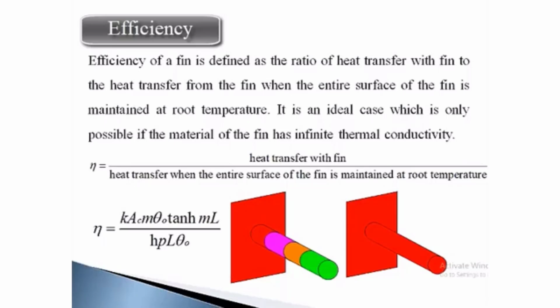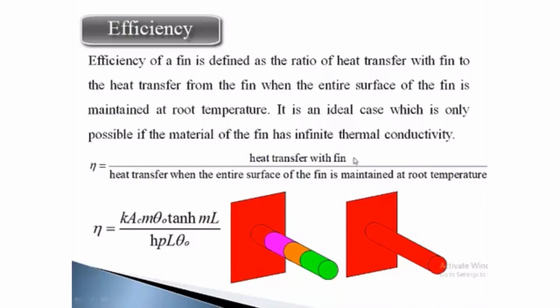It is the ratio of heat transfer with fin to the heat transfer from the fin's surface when the entire surface is maintained at root temperature or base temperature. So it is defined as the ratio of heat transfer with fin divided by heat transfer when the entire surface of the fin is maintained at root temperature or base temperature.